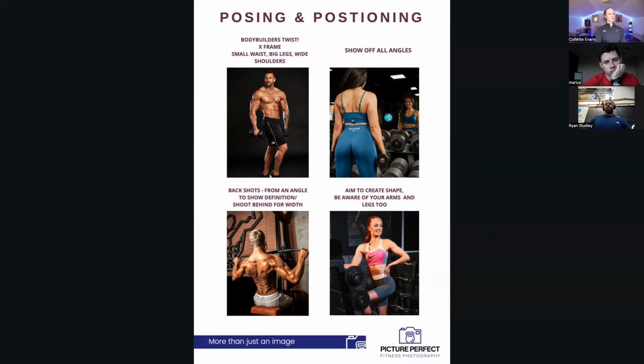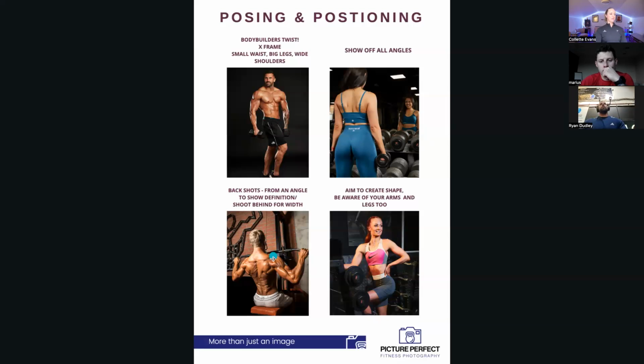But what I would say is some tips for posing is not to be afraid of showing off all different angles. You can use mirrors as well to show both sides. That can be quite good. But if you are shooting into a mirror, if you're shooting your client, make sure that you're not in the mirror, basically. So you might have to duck down a little bit outside of the mirror or go from a slightly different angle rather than front on.